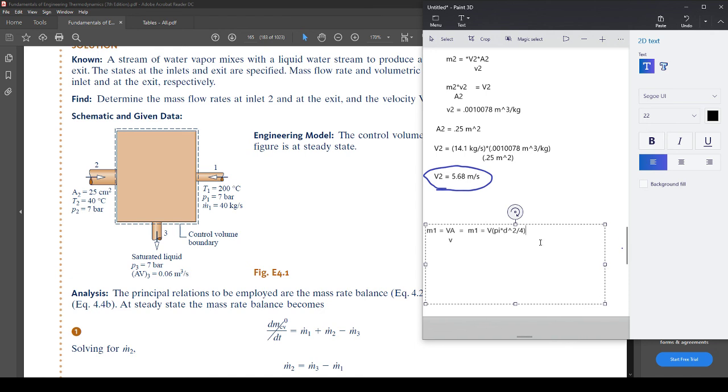So do be careful. You have to break apart the equation even further if they ask you for that, which they will, by the way. Your homework is going to ask you for that, so please remember this. Don't be too confused when they ask you for the diameter of the pipe, because what they mean is that you have to break area into its components and then solve for diameter through that.